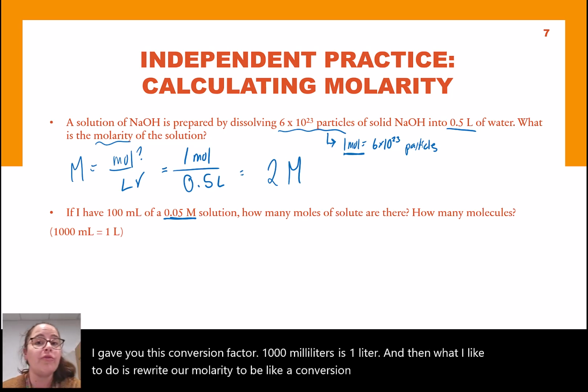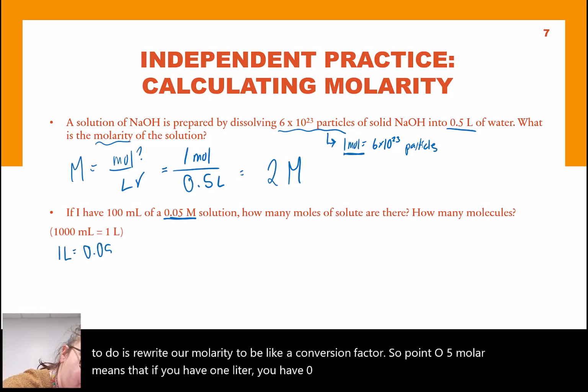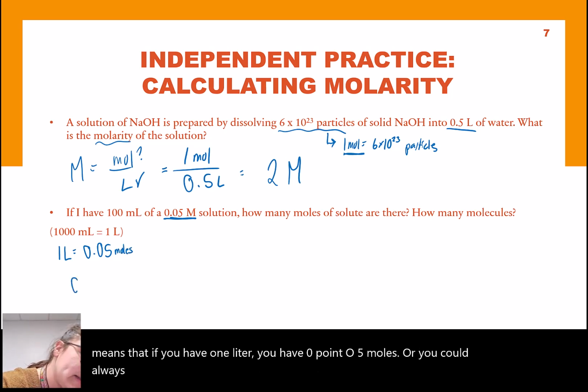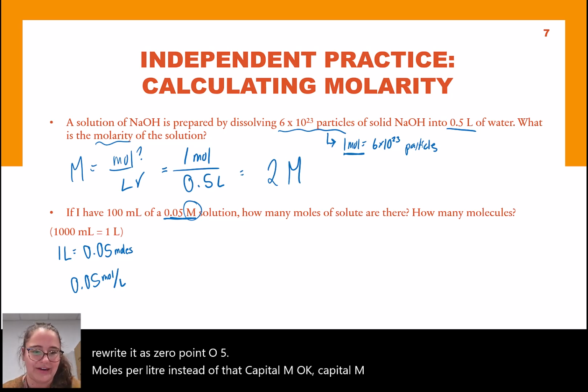So 0.05 molar means that if you have 1 liter, you have 0.05 moles. Or you could always just rewrite it as 0.05 moles per liter instead of that capital M.